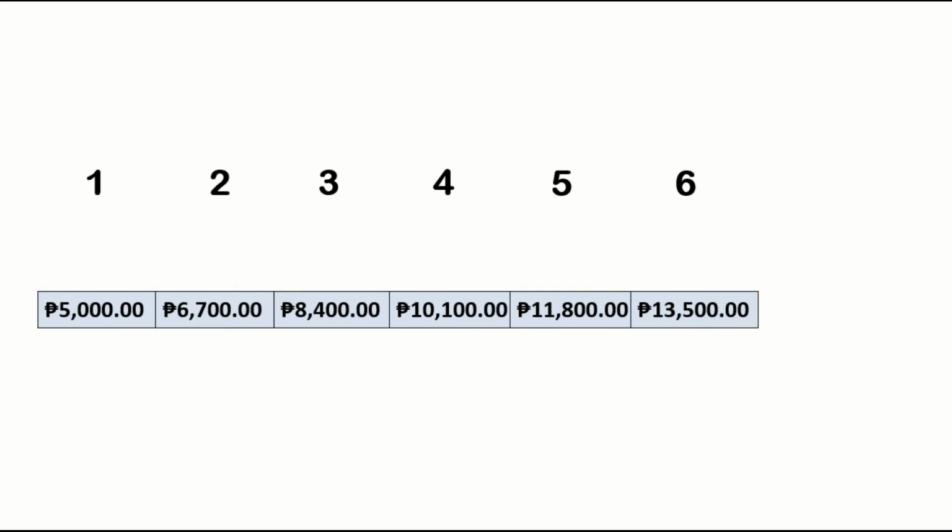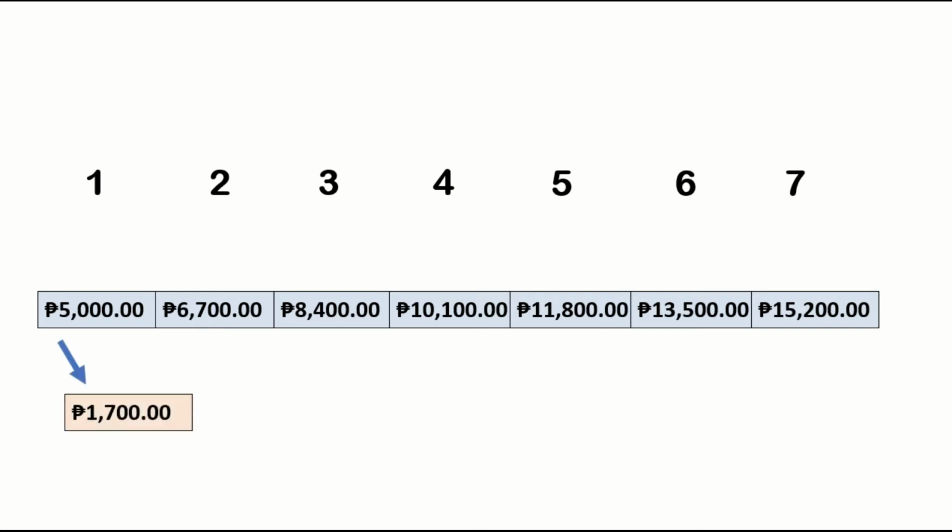Then he will have, by the seventh month, a total of 15,200 pesos. Have you observed the pattern? For each preceding month, we just add 1,700 pesos to the existing savings of Mr. Santos.